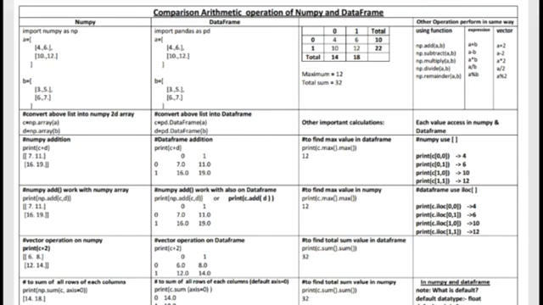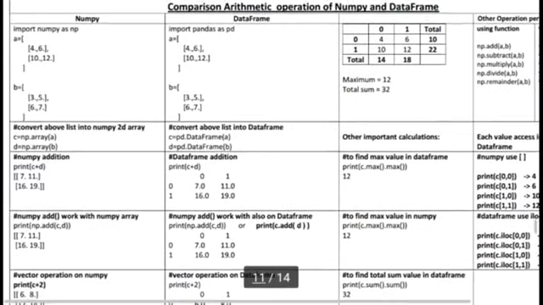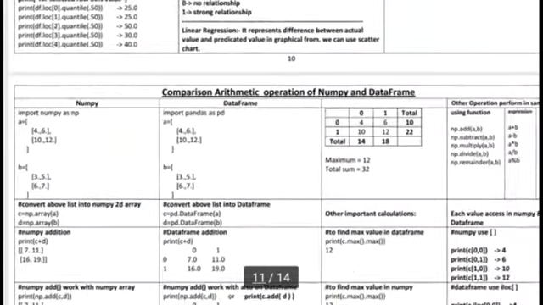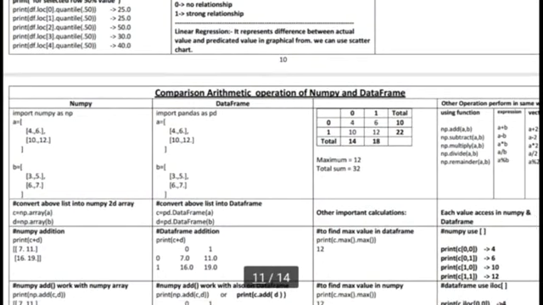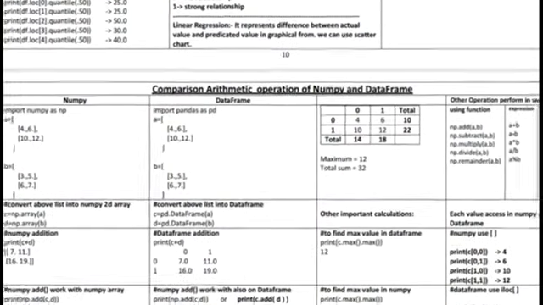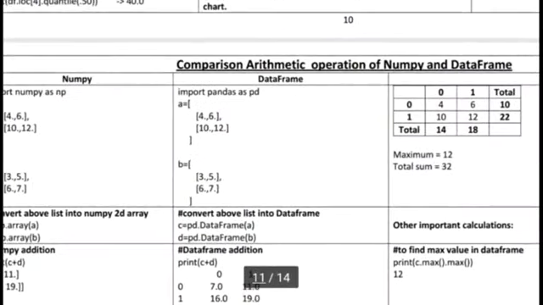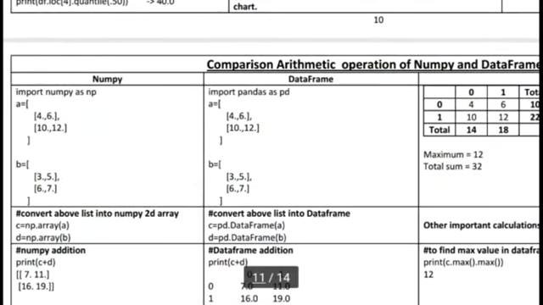You can see I am taking some kind of data. First I discuss the topic: comparison of arithmetic operations of NumPy and data frame. You can see the first column is NumPy and the second column is data frame.